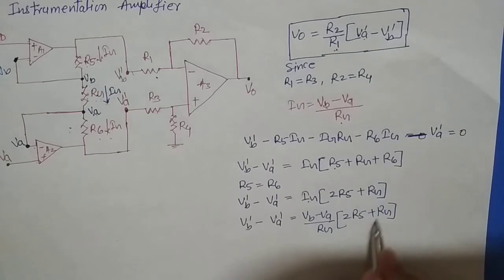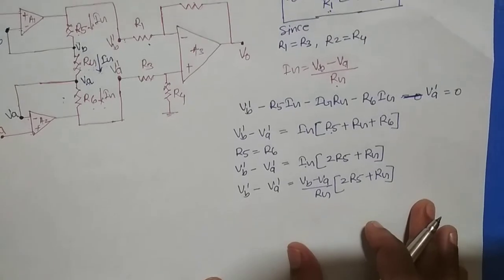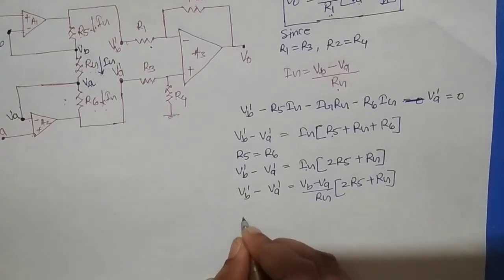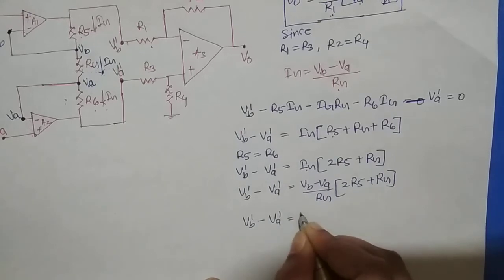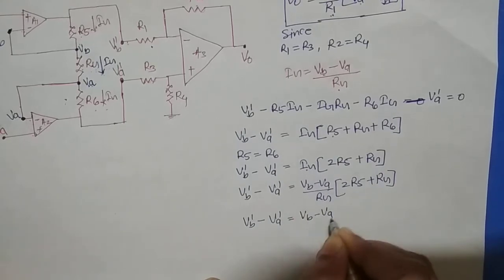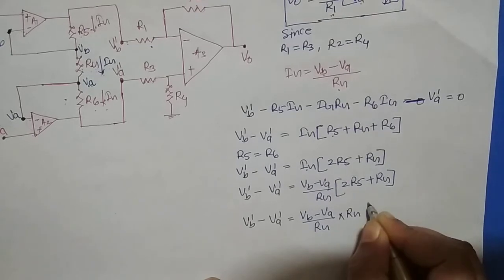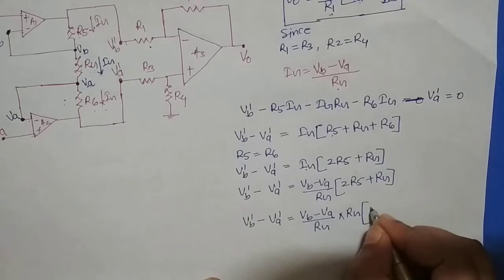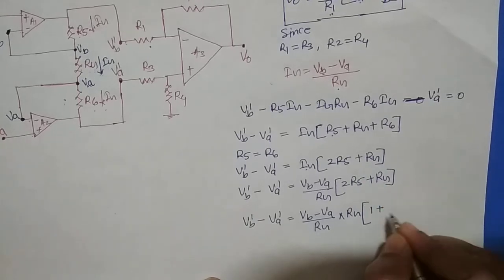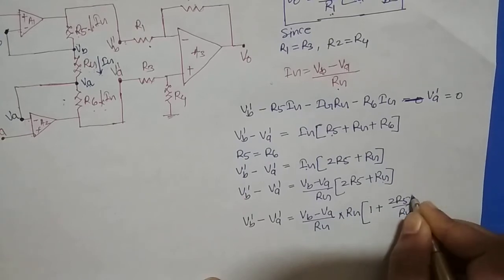Next I am taking Rg as common, so the equation will be Vb dash minus Va dash is equal to Vb minus Va divided by Rg into, here Rg I am taking as common, so this term will be 1 plus 2R5 divided by Rg.